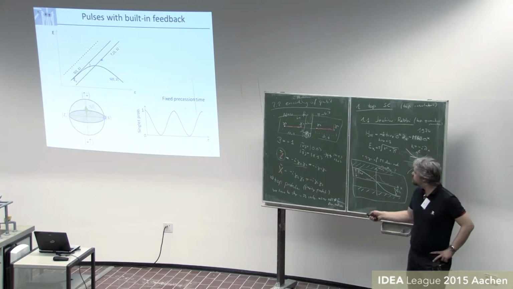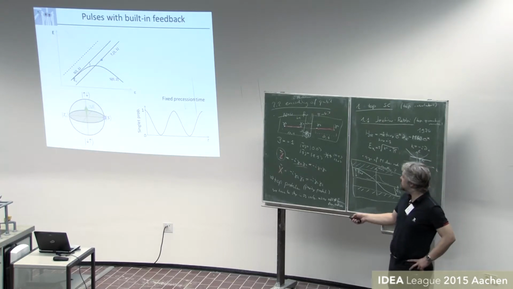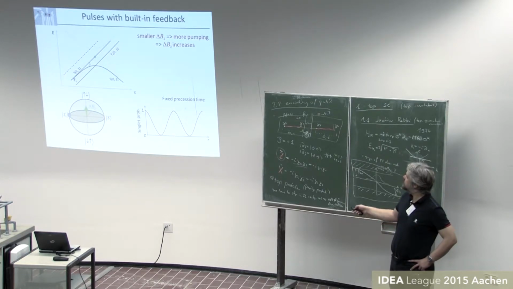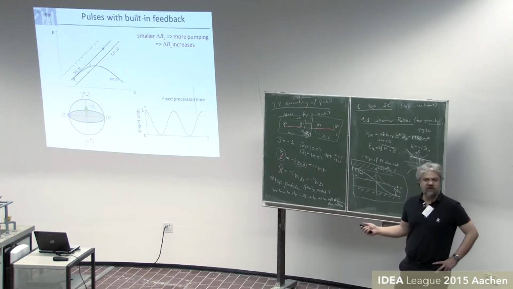After a while, our precession time is here, and we do the same thing. The qubit precesses more quickly, so after the same time it might end up in a T0. If it is in a T0, then sweeping back, it will stay in a T0. It doesn't go through this crossing, so there's no more polarization.